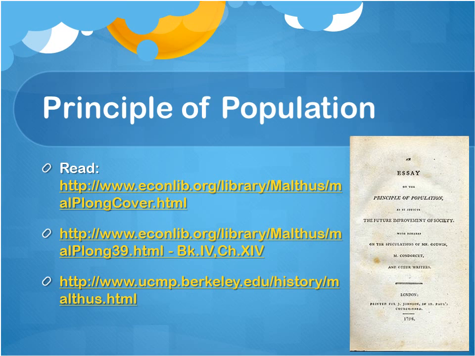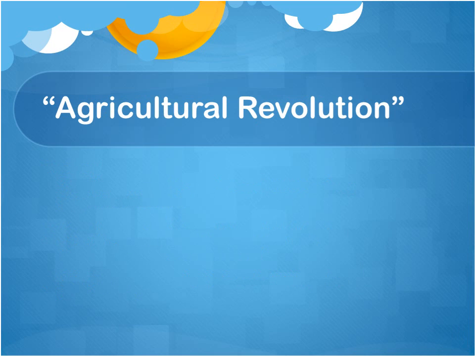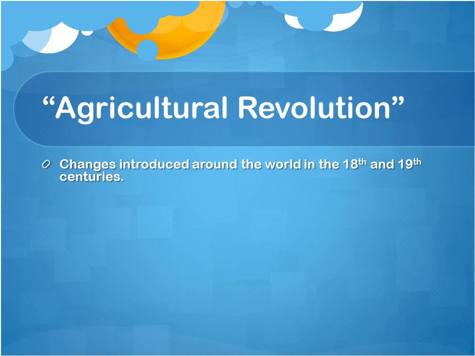Needless to say, the Malthusian analysis and the Malthusian predicament had a high impact when it happened, at the beginning of the 19th century. But then this agricultural revolution came about, and there were changes introduced around the world in the 18th and 19th century that allowed agriculture and food production to grow at a much faster rate than Malthus had predicted.